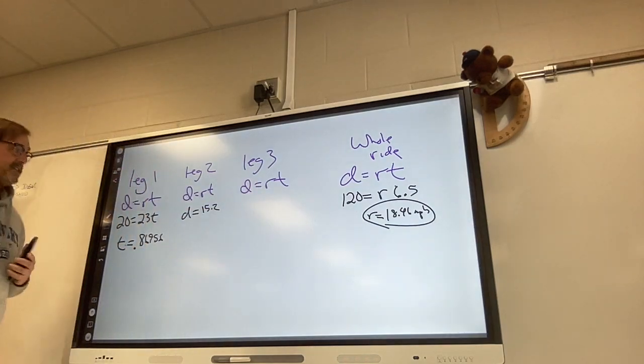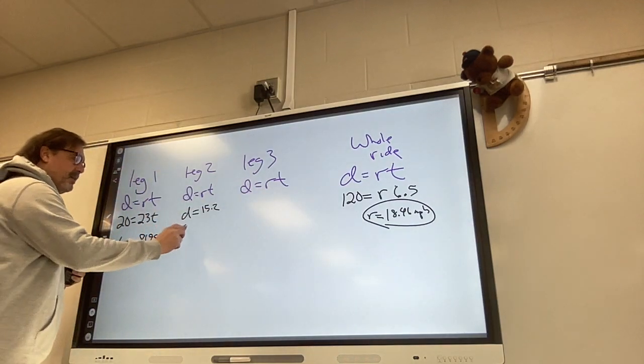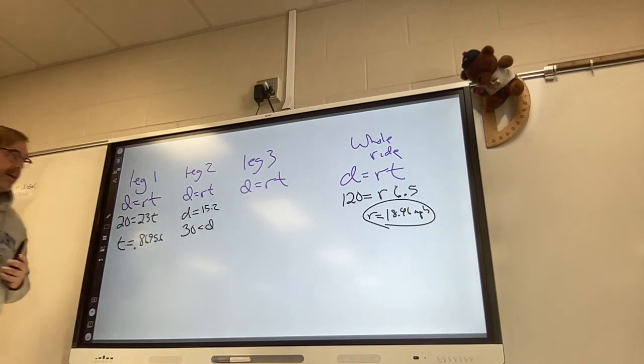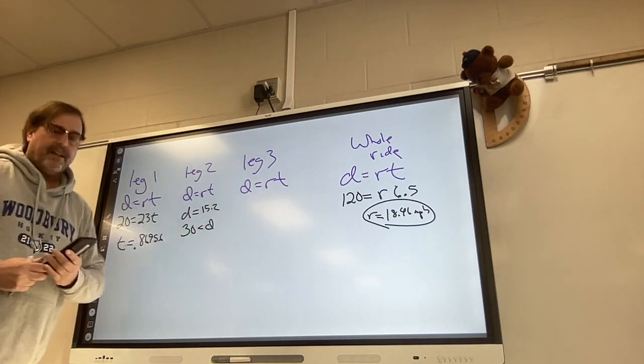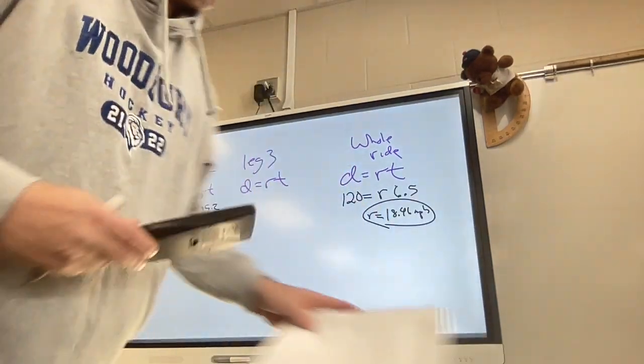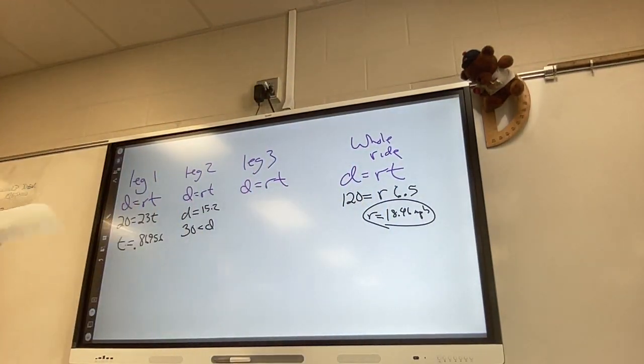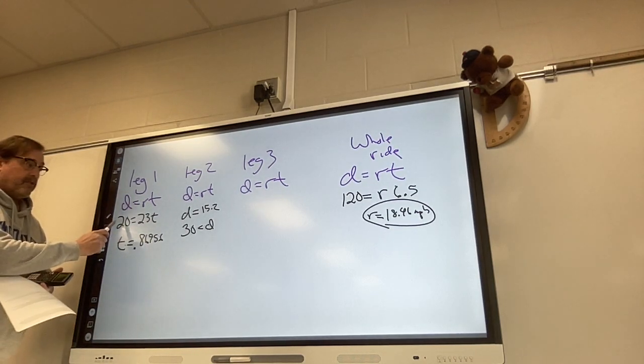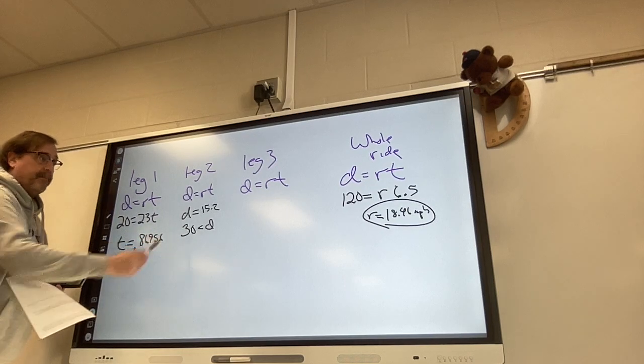The second one, distance equals rate times time. So 30 miles is your distance. So we know that. And finally, the last leg. Do we know anything about the last leg? We sure do. How many miles is the first leg? 20, 30.